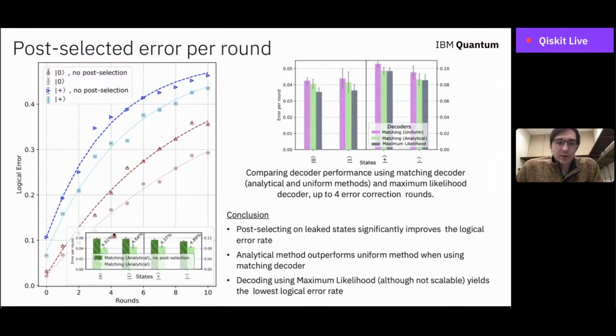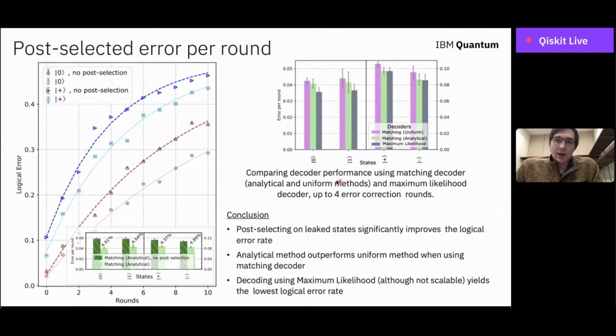If you do post-selection, where we throw out 4.3 to 5% of the data, then you actually get improved logical error rates by 2% or 4% in the case where you're starting in logical plus or minus.